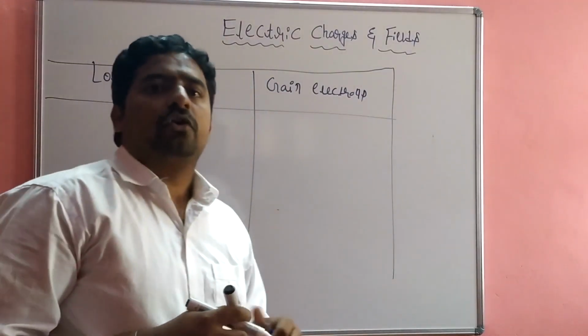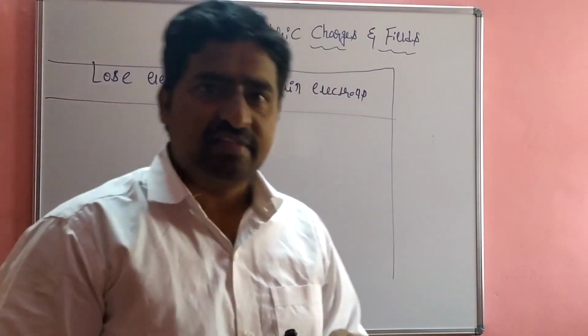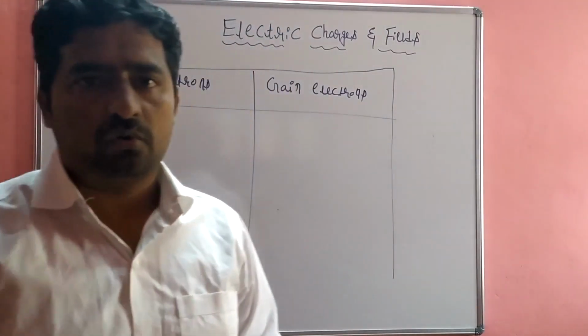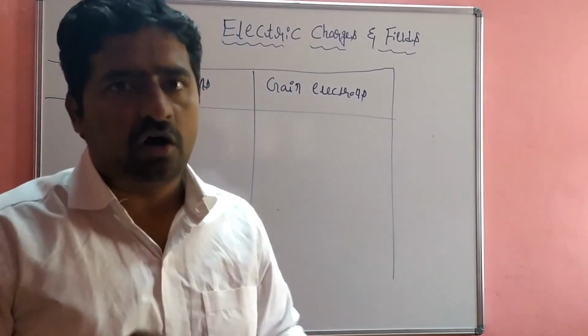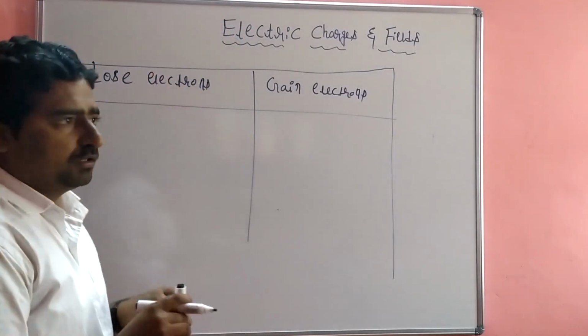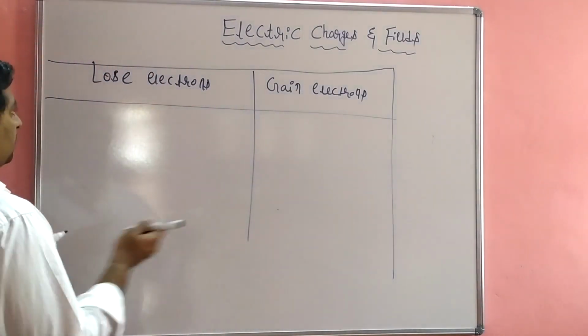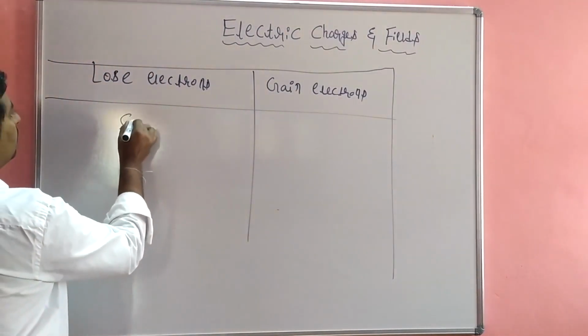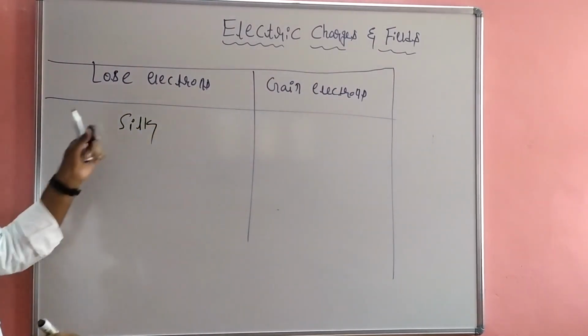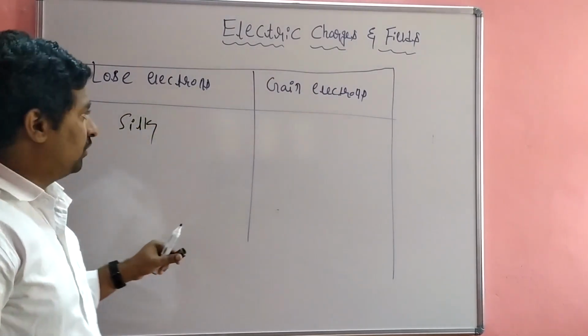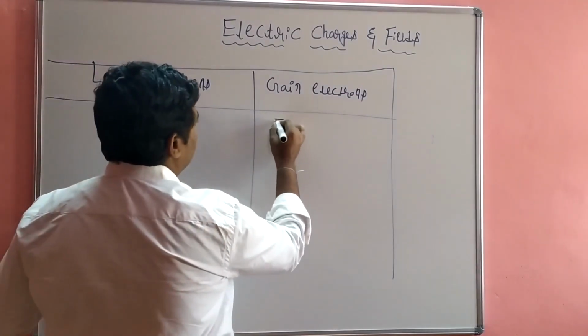When the ebonite rod is rubbed with silk or with the cat's fur, what happens? The silk loses electrons when rubbed with the ebonite rod, and the cat's fur also loses electrons when rubbed with the ebonite rod.